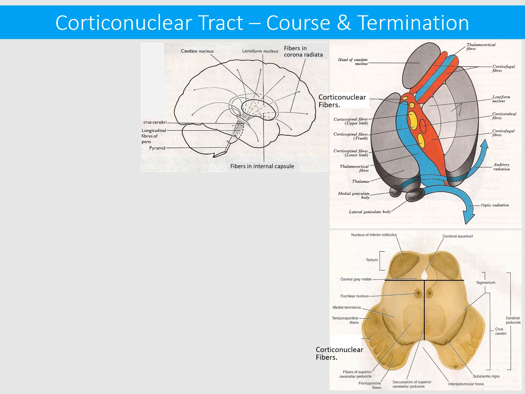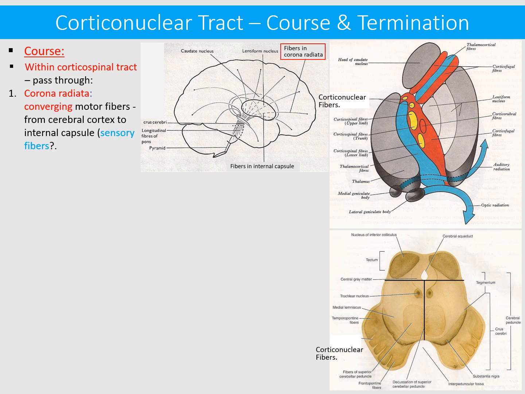The corticonuclear tracts course within the corticospinal tract and pass through number 1. The fibers converge from the cerebral cortex to the internal capsule, and this area is named corona radiata.